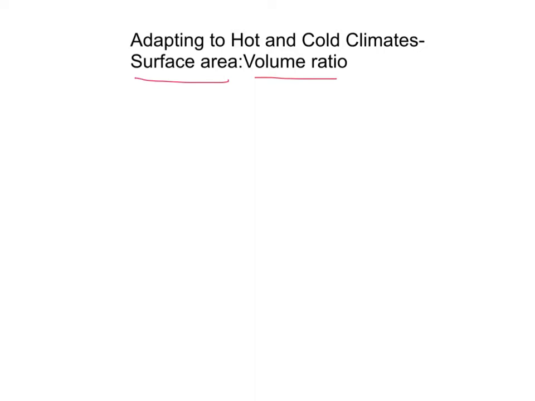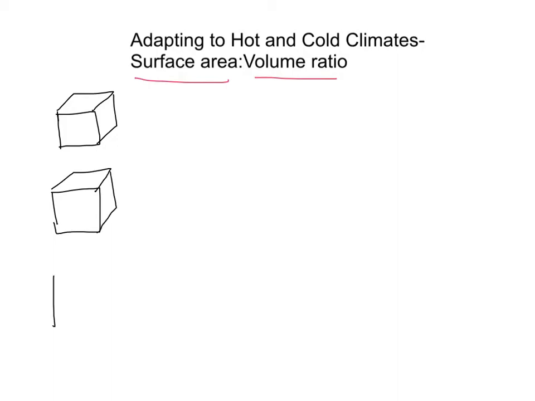And we can show this by thinking of three very simple cubes. So I'm just going to sketch here 3 cubes, each one a little bigger than the last. Not the best drawn cubes, but still. And we're going to imagine each side is in centimetres. I'm not going to include any units in this. Normally, obviously you would. So an area, for example, would be in centimetres squared, volume in centimetres cubed.